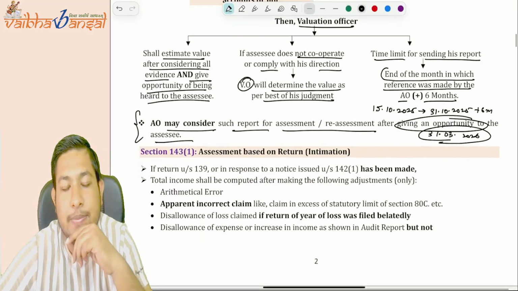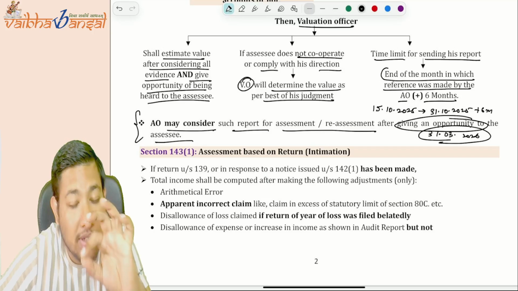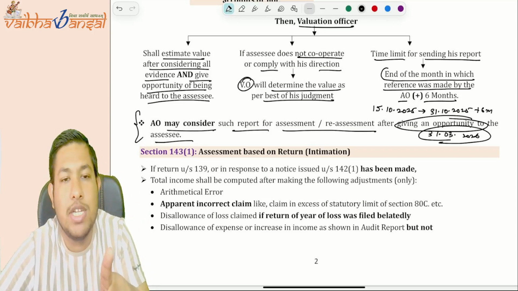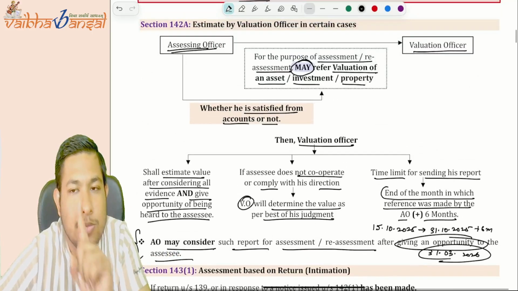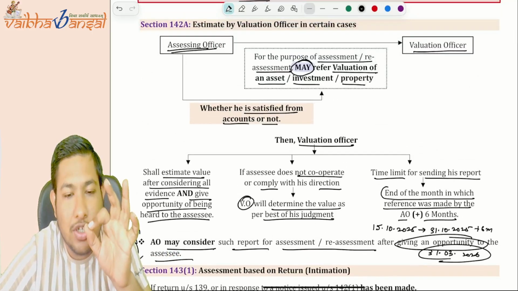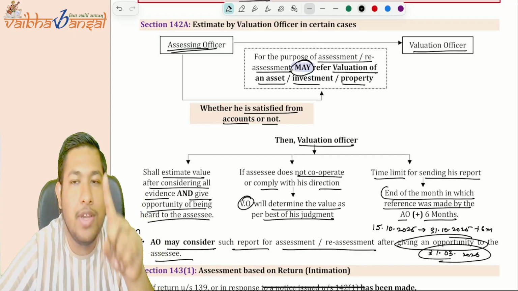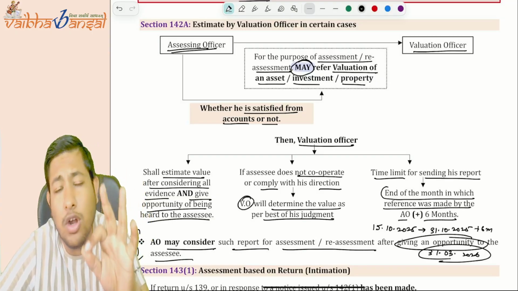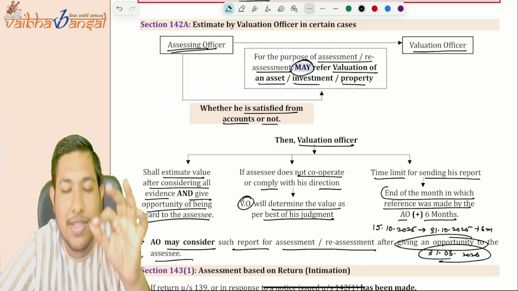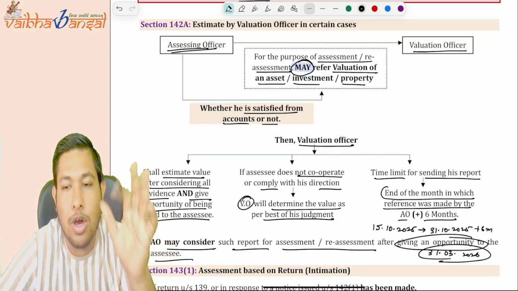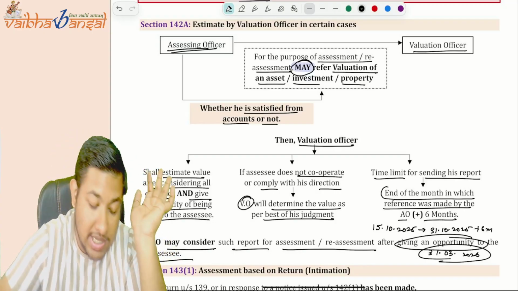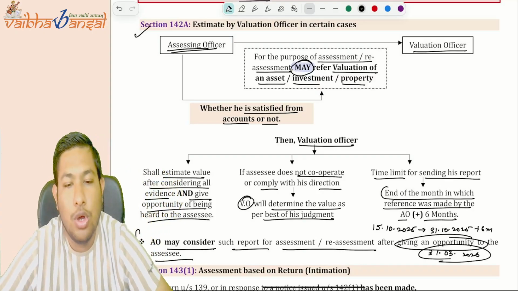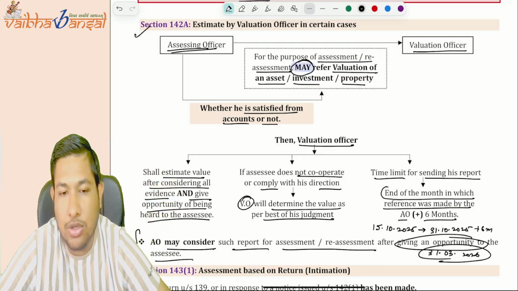So what does it mean? In case of a best judgment assessment as well, if a reference is made to the valuation officer and the AO is considering the valuation officer's report, then the assessing officer needs to give the opportunity of being heard to the assessee, whether it is a case of best judgment assessment or not. Understood or not? Section 142A is also over.